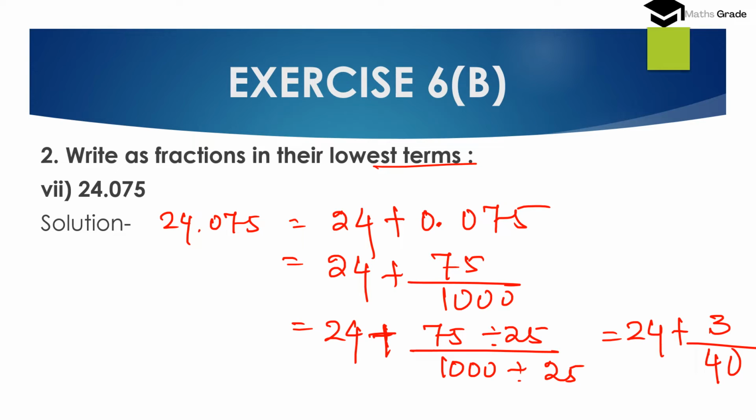Now 24 plus 3 divided by 40 is equal to 24 and 3 divided by 40. Now 24 and 3 divided by 40 is in the lowest term, that is the simplest form of the decimal 24.075. So 24.075 is 24 and 3 divided by 40, which is the lowest term of this given decimal.